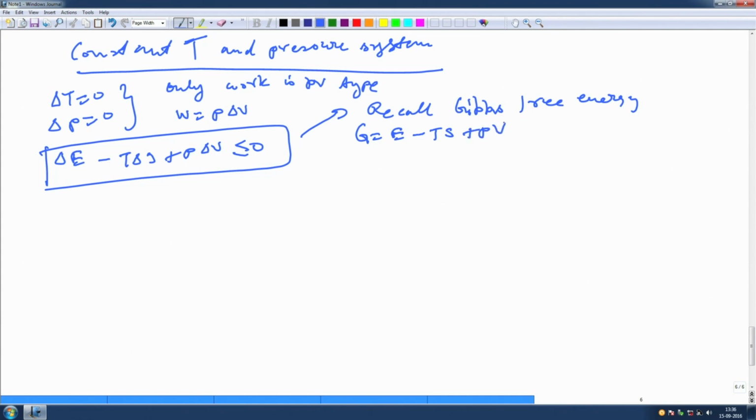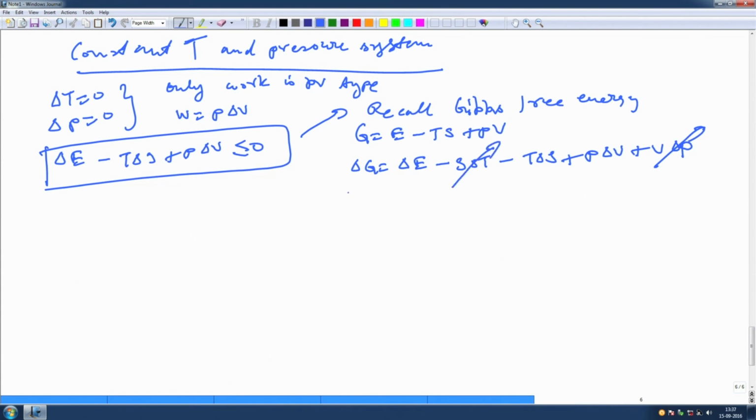So, the change in Gibbs free energy will be given by delta E minus S delta T minus T delta S, plus P delta V plus V delta P. Now, of course, this is equal to 0, this is also equal to 0.